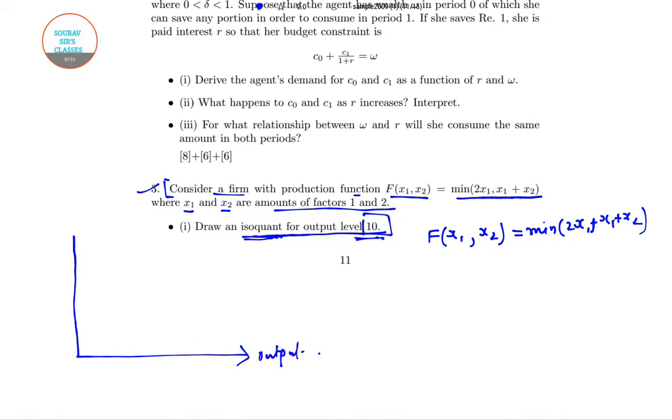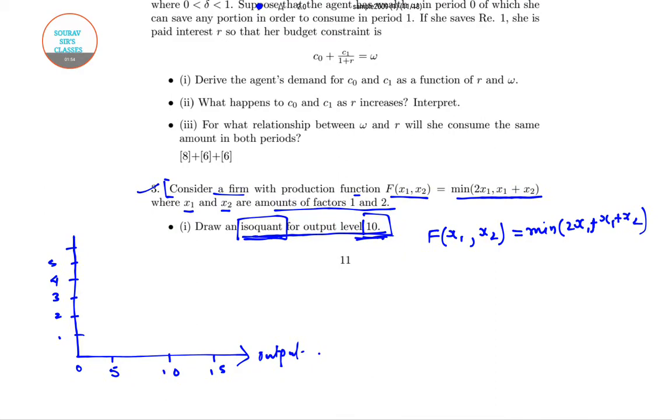Here x1 and x2 are factors. So we'll write 0 here, 5 here, 10 here, 15 here, and here we can also write 6. Now we have to draw an isoquant for output level 10.